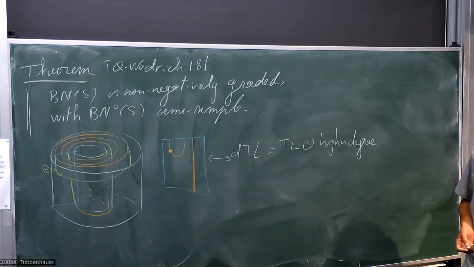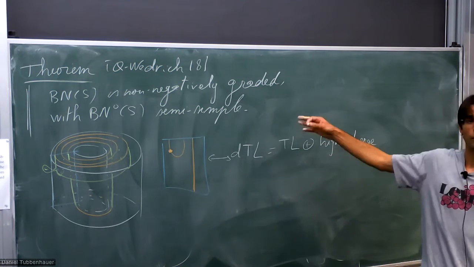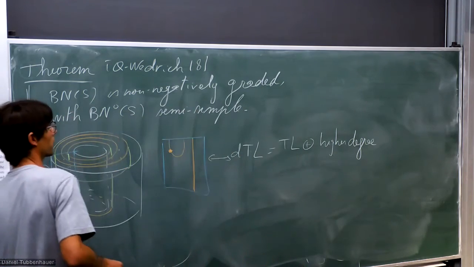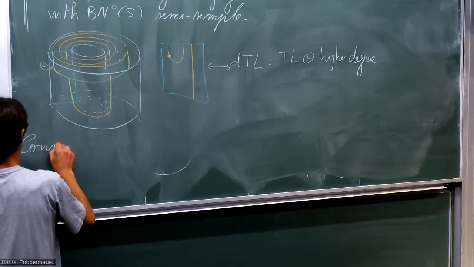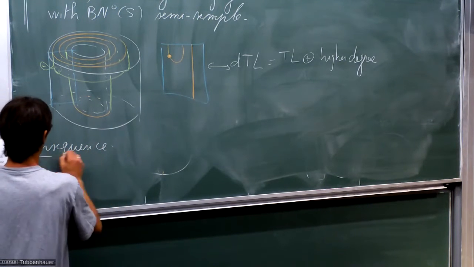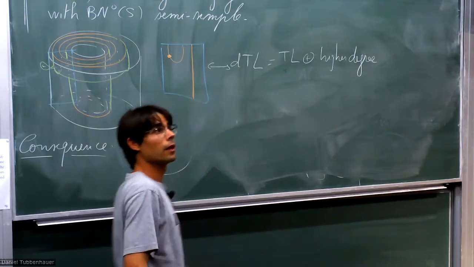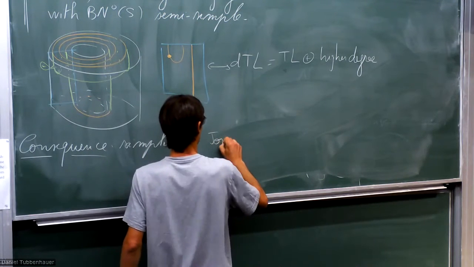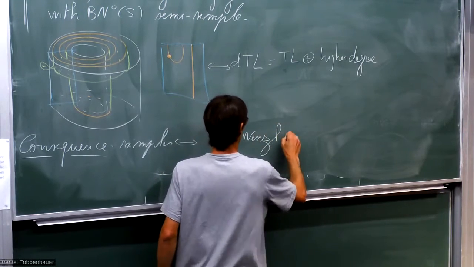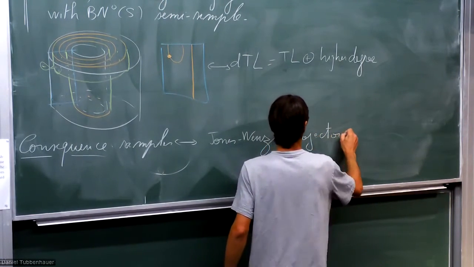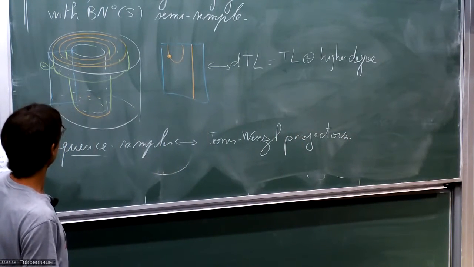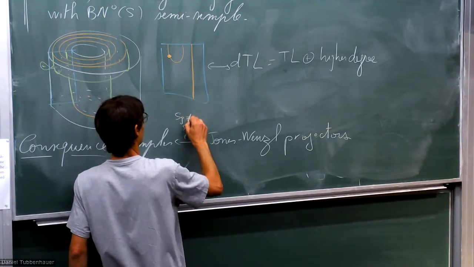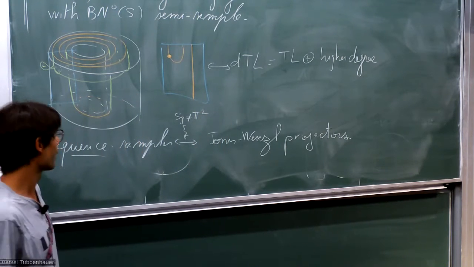Okay, so well, that's the good news. First, we do have some semisimplicity, and furthermore, we know very well what the simples are over here, and the simples correspond to the projectives.